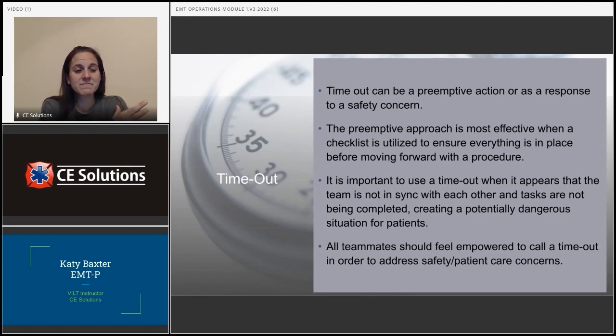Checklists can be utilized for everything. You can bring them into your house, right? We can do it in our personal life. It's a major role. Checklists are great. Sometimes they can be utilized too much, but they're meant to be used to prevent catastrophes, problems, dangerous things from happening.